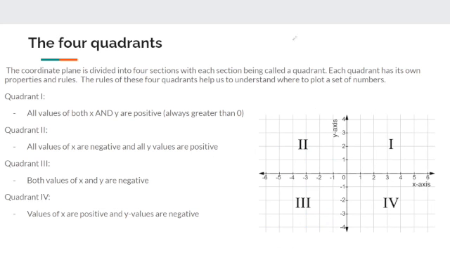The second quadrant, all the x values have to be negative and all y values are positive. And the third quadrant, both values x and y are negative. And for quadrant number 4, the values of x are positive and y values are negative.